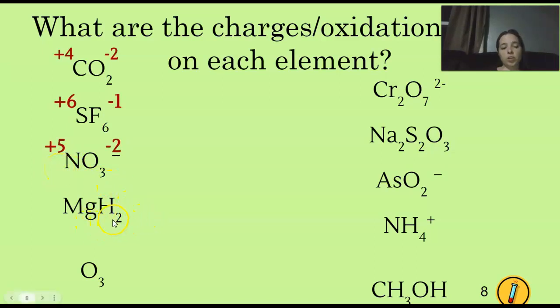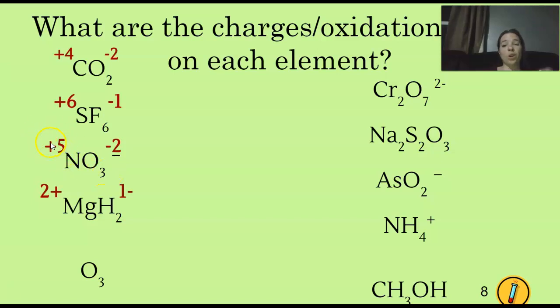Magnesium and hydrogen. Again, this one is a little tricky because you have the -1 for the hydrogen, +2 for the magnesium. Now, going back to the NO3, why is this a -2 and that's a +5? It doesn't equal out. Well, -2 times 3 is -6.